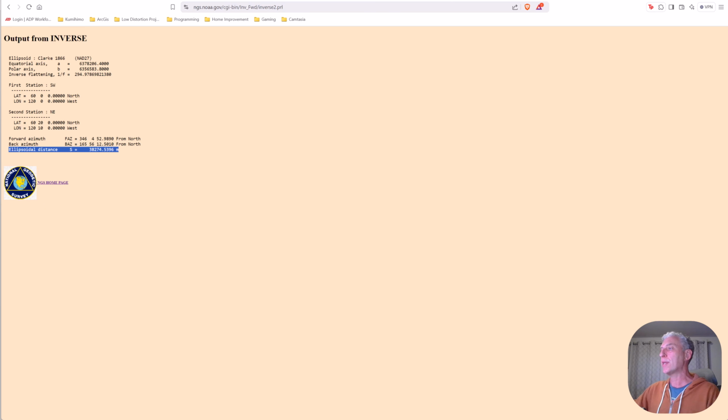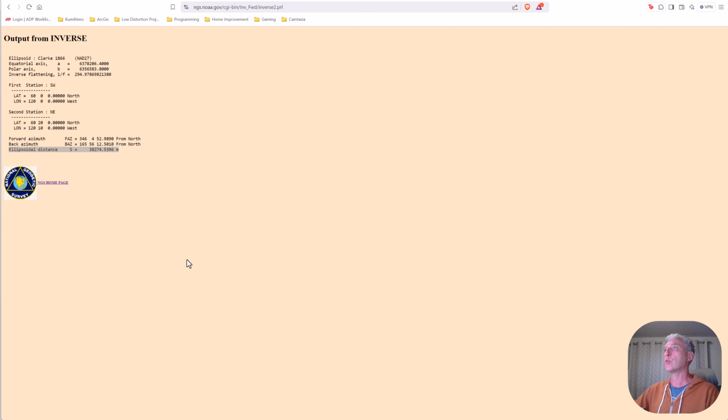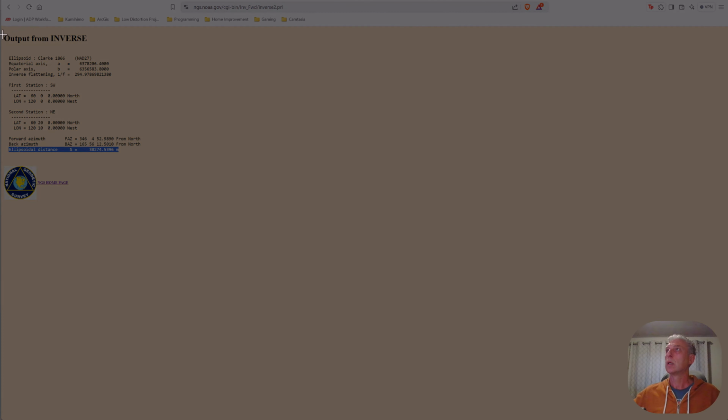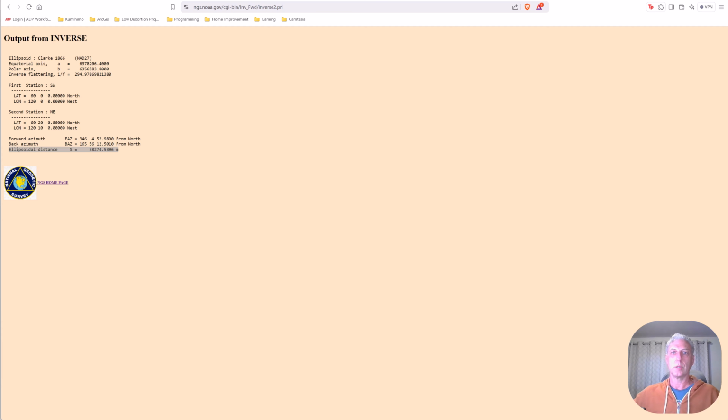The best way to do that is to use the snipping tool. I'm a Windows user, so I'm not sure what the Apple equivalent would be, but Windows uses a snipping tool. So what I do is I just capture that, and it will save it as an image.